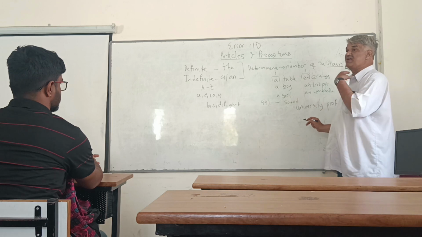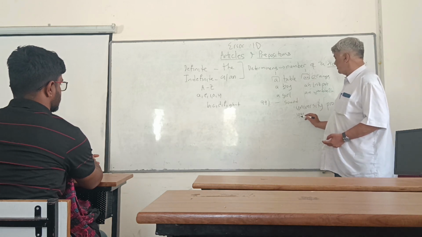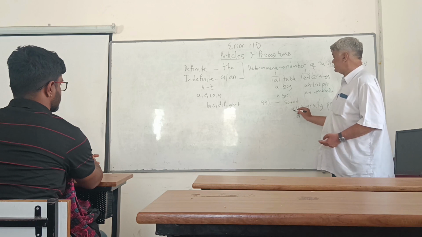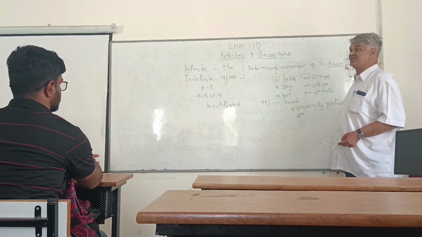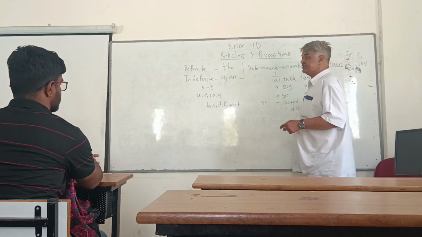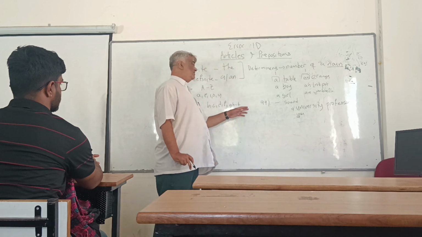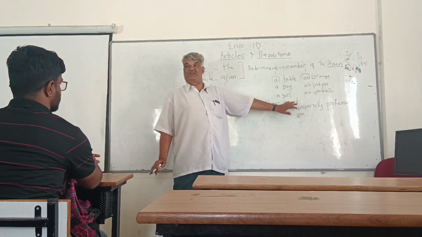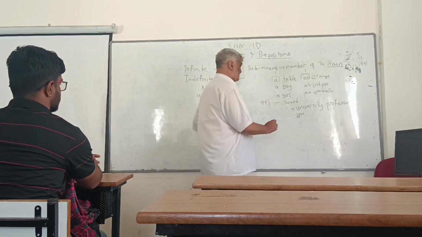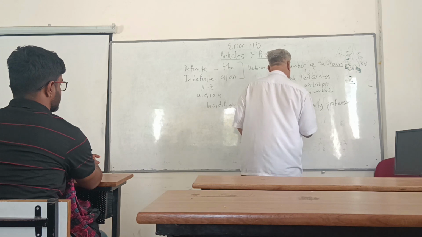But notice how you pronounce university. It is actually Y-U, a consonant sound. So it is a university professor. The main rule is that it should depend on the sound, the way you pronounce it. And then we have this honest person.